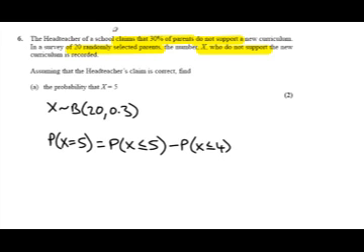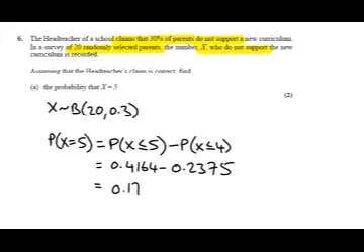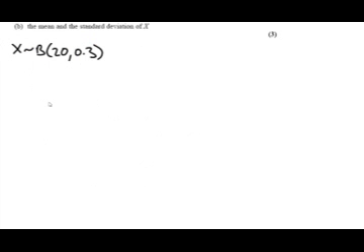So just look those values up in the tables. 0.4164 minus 0.2375 should leave us with 0.179.